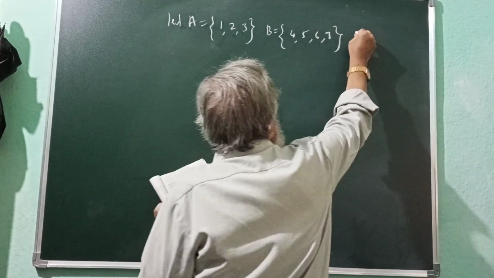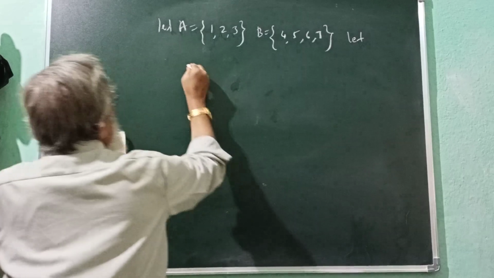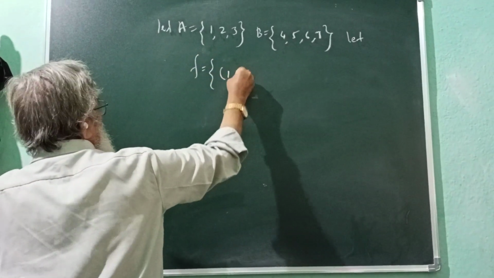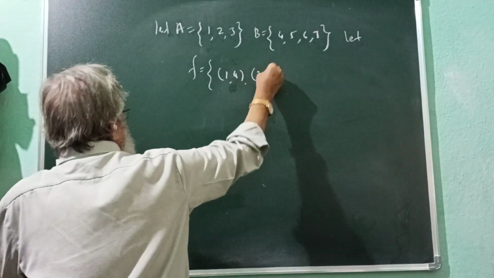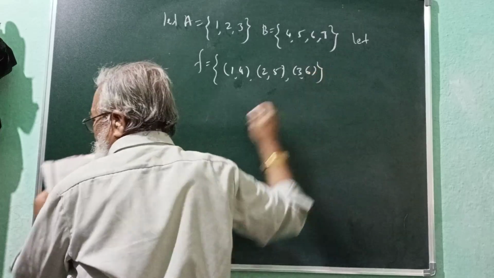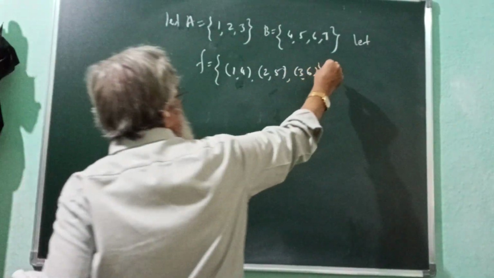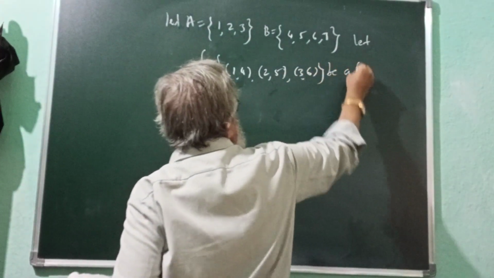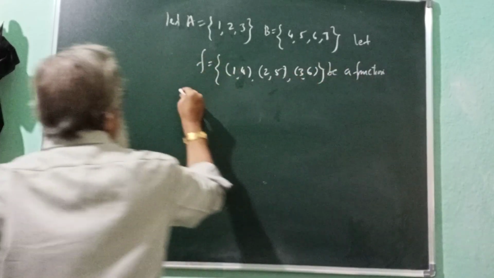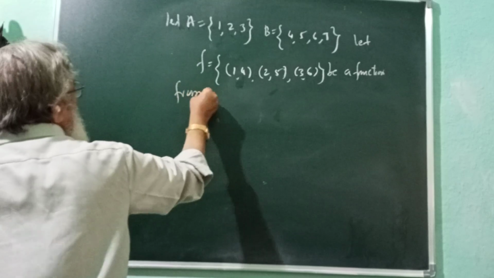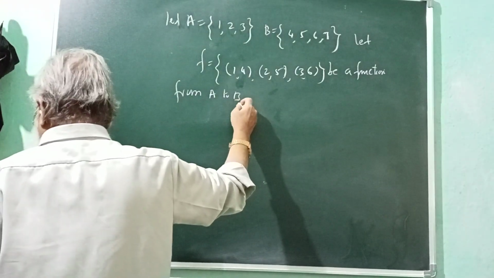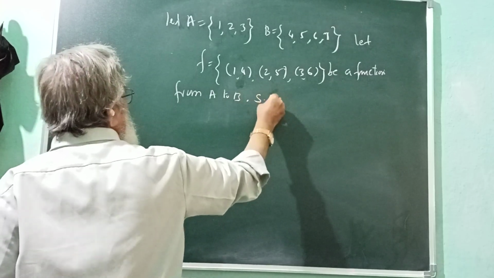Let f = {(1, 4), (2, 5), (3, 6)} be a function from A to B. Show that f is one-one.